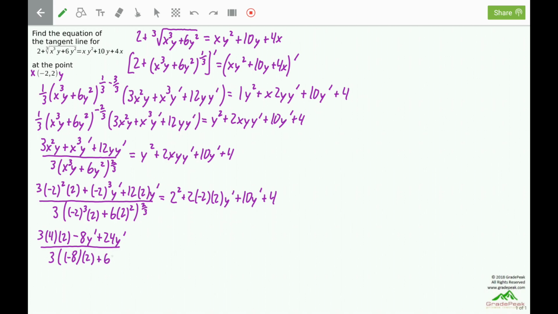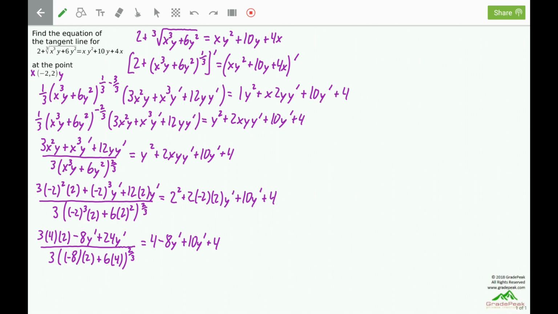And then we have a 6 times 2 squared, which is a 4. That entire thing is to the 2/3 power, equals 2. And then we have 2 squared, which is a 4. 2 times negative 2 is negative 4 times 1 more 2 is negative 8 y prime plus 10 y prime plus 4.